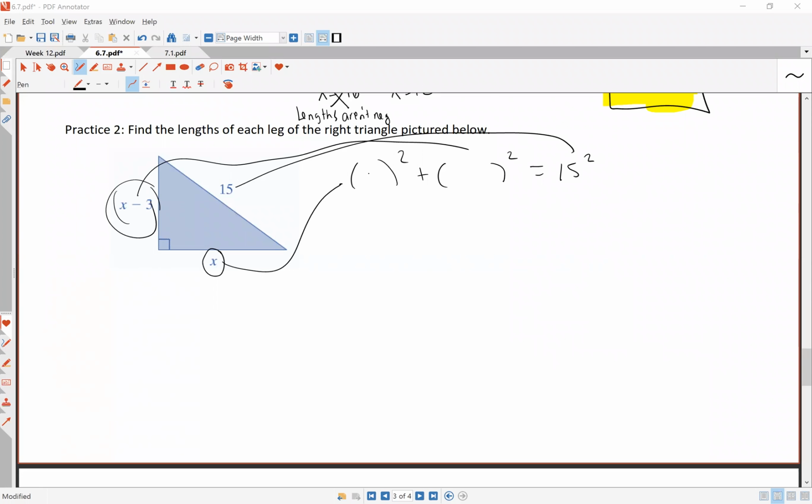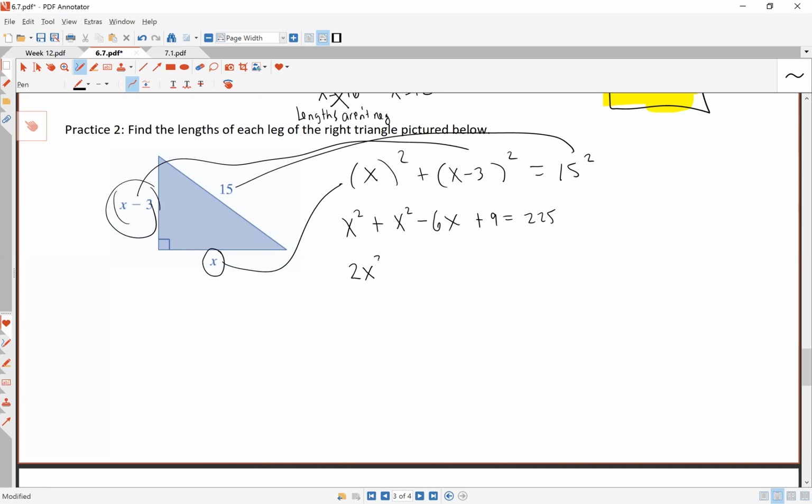All right, so one of the legs is x. The other leg is x minus 3, and that equals 15 squared. This gives you x squared. When you square a binomial, you FOIL it out. X squared minus 3x minus 3x is minus 6x. And negative 3 times negative 3 is positive 9. 15 squared is 225.